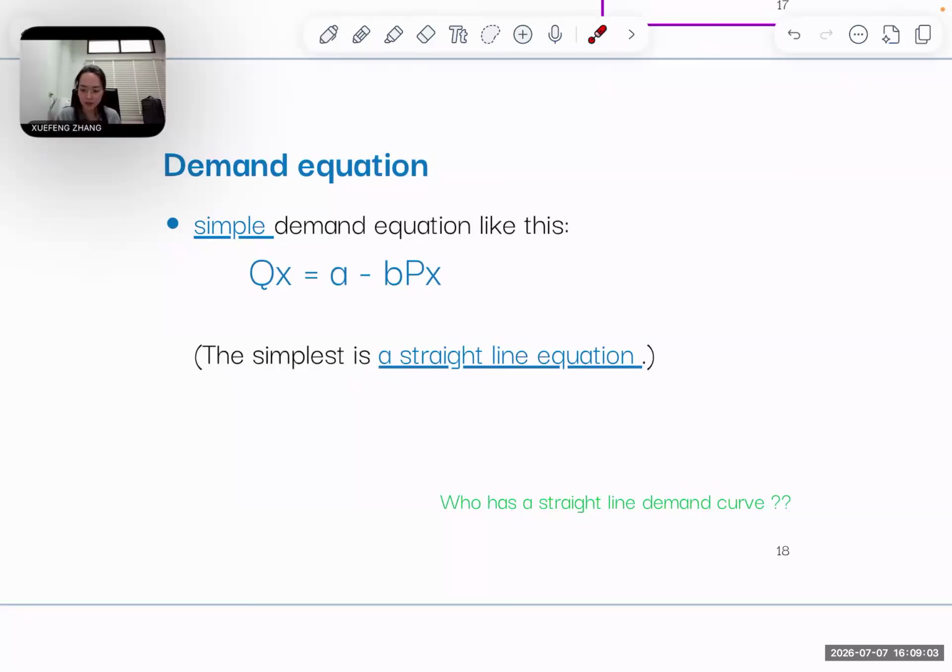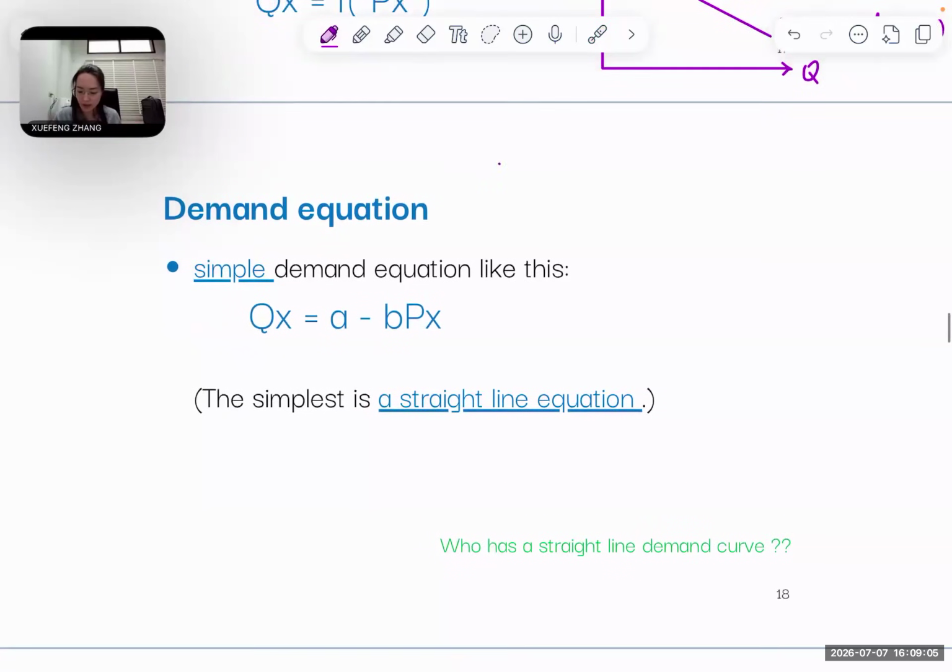Okay, so let me write it down here. I need a table. Okay, so what we have: Qx. What is Qx? Qx, the quantity demanded of good x.